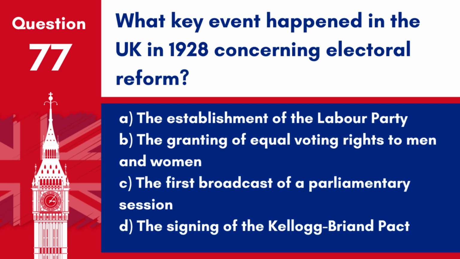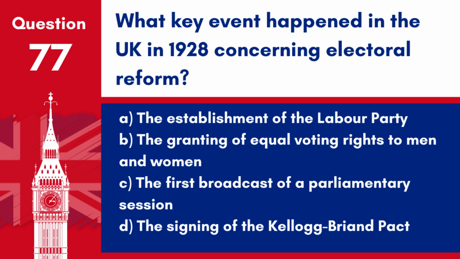Question 77. What key event happened in the UK in 1928 concerning electoral reform? A. The establishment of the Labour Party. B. The granting of equal voting rights to men and women. C. The first broadcast of a parliamentary session.